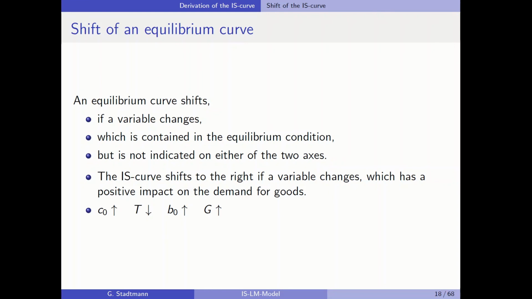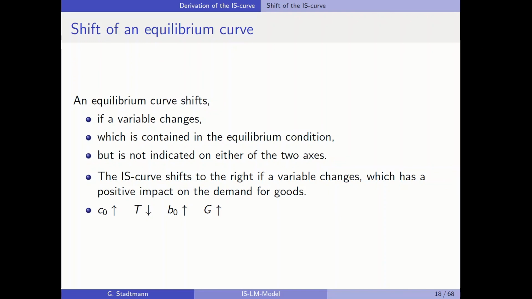So in our model, the IS curve shifts to the right in case that a variable changes which has a positive impact on the demand for goods. This is the case when the autonomous component of consumption increases, the autonomous component of investment increases, or in case that the government increases government spending.